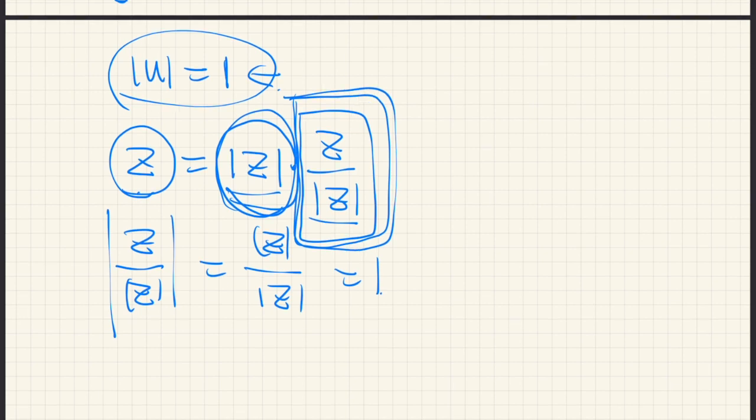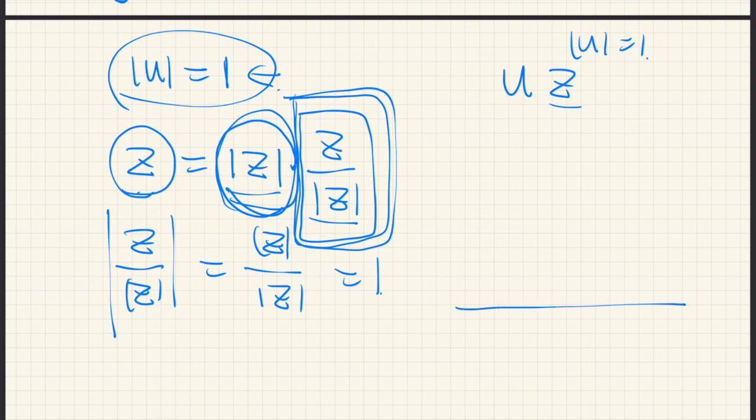Okay, first I will show you what would happen if we multiply any complex number z by another complex number u, where the absolute value of u is 1. The absolute value of z we don't care.